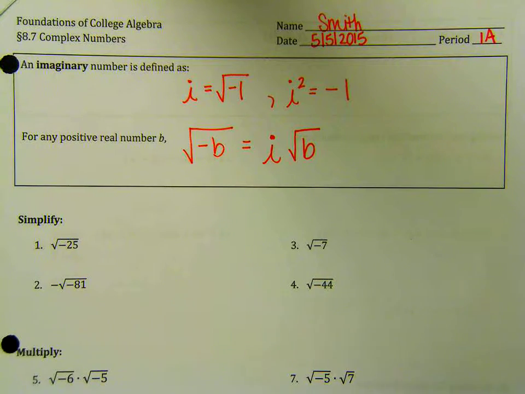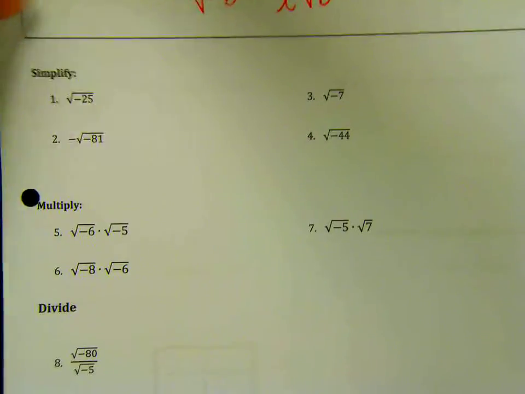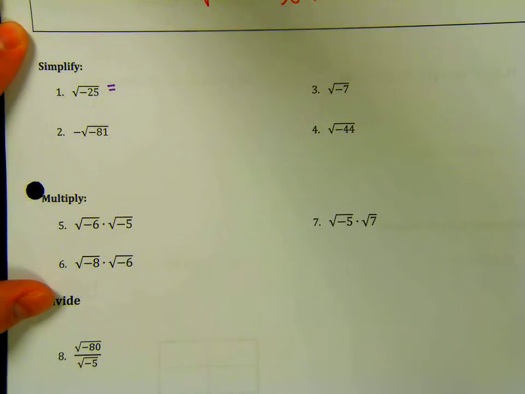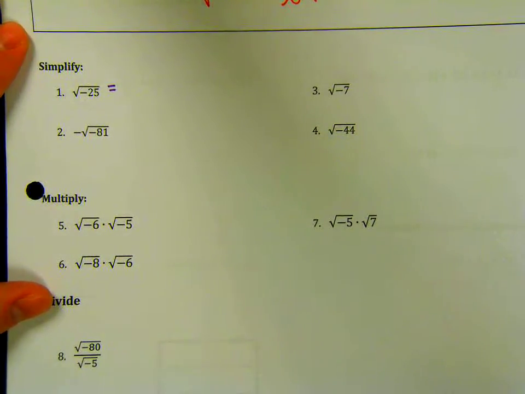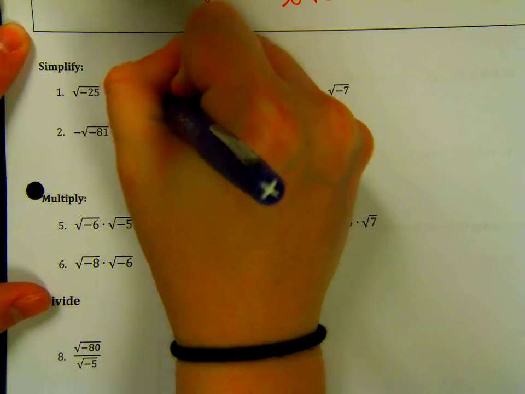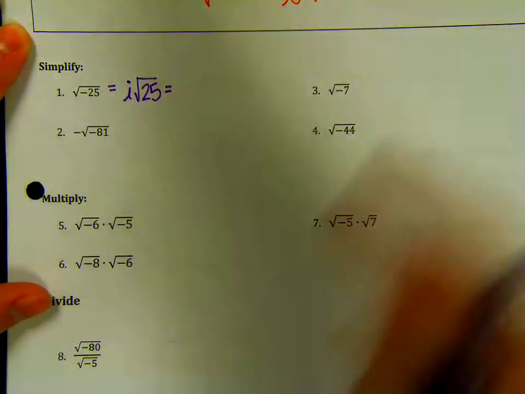So the section underneath it is just simplification. So I'm going to pull this down. And these are pretty straightforward. So we have i root 25. What's the square root of 25? So it's just 5i.